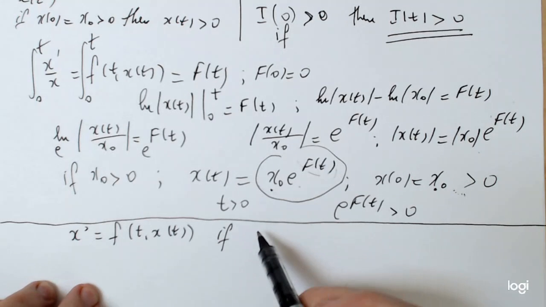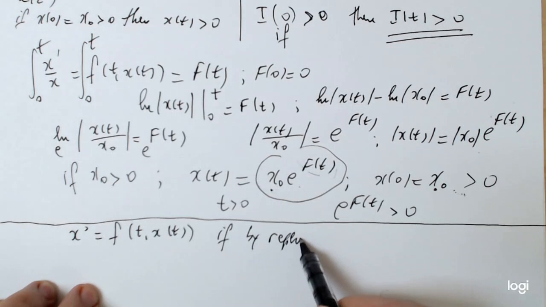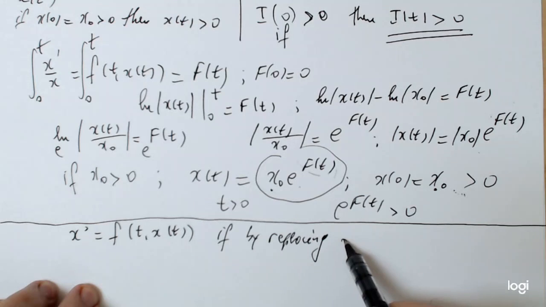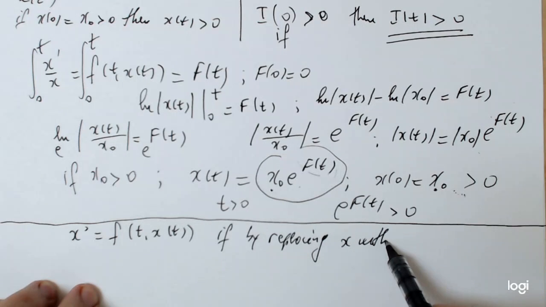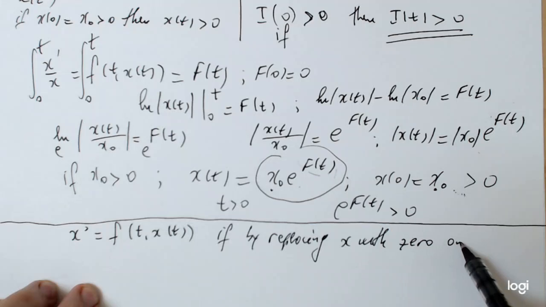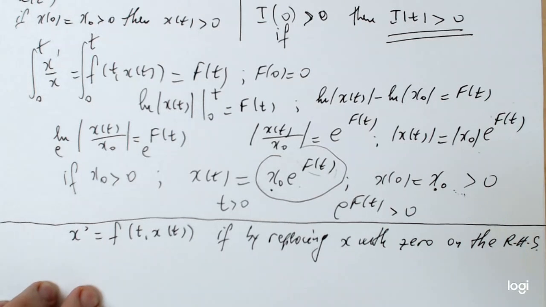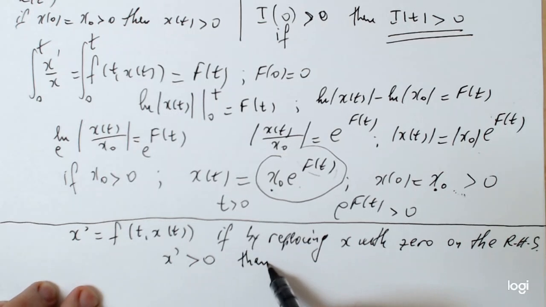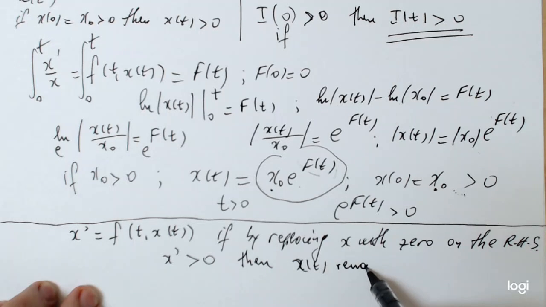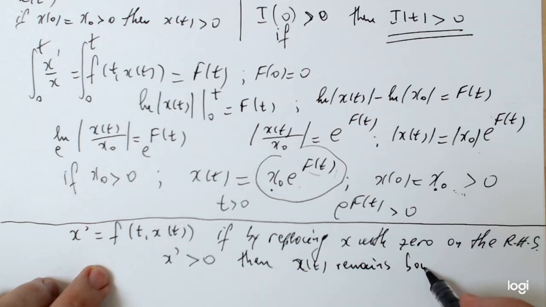If by replacing x with 0 on the right-hand side, x prime is strictly positive, then x of t remains bounded away from 0.